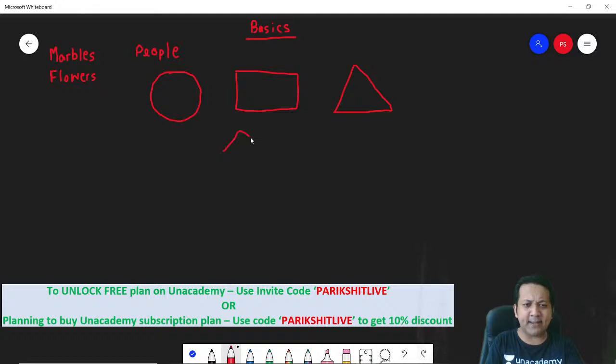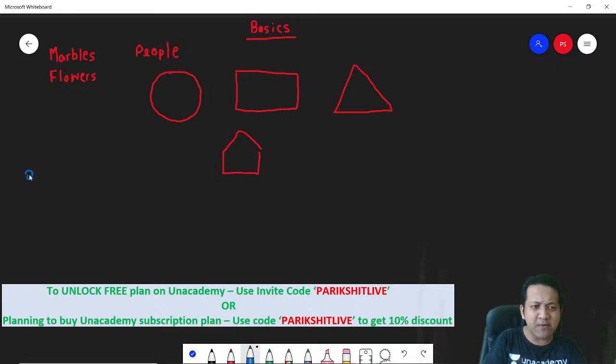It could even be a pentagon. So any geometrical figure that we talk about comes under the chapter circular arrangements. That's the first thing. So if ever you see a question on squares or triangles, do not get worried. It will have the same basics as circular arrangements. That's point number one.